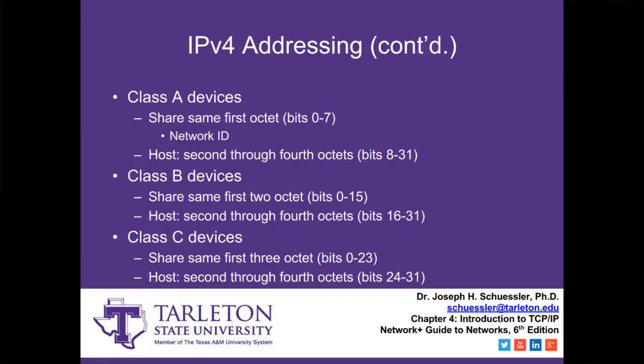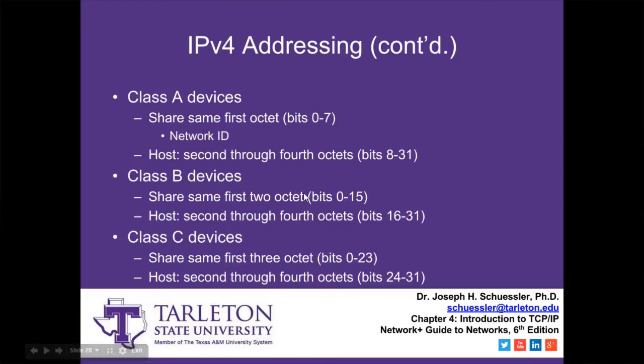If those bits are different, you're on a different network and you won't be able to communicate with each other unless you've got a router involved. The remaining bits, 8 through 31, represent the individual hosts. So again, on a Class A, you've got 8 bits for your first octet and the remaining bits for your host. So you have few networks, lots of hosts.